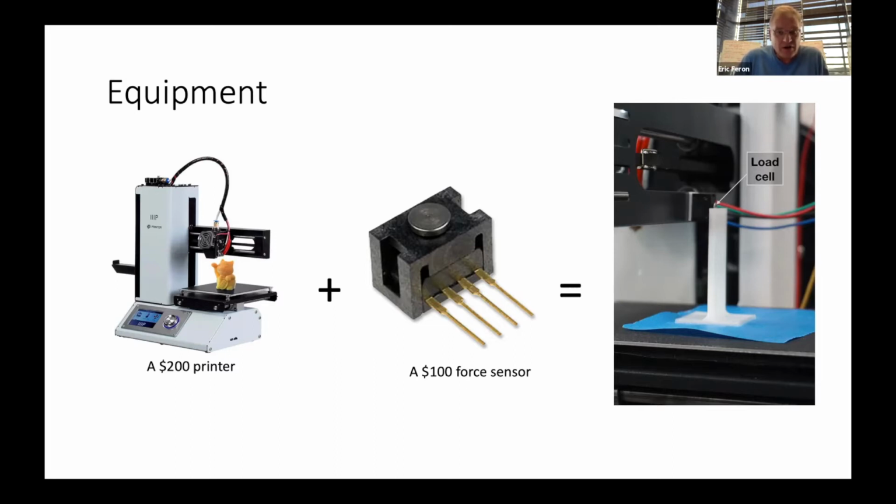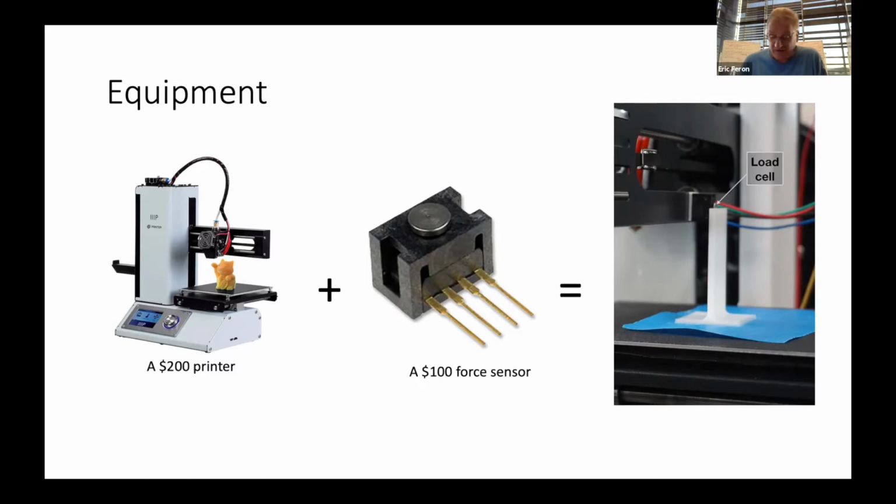Mounting the force sensor on the printer arm gives us the possibility of transforming the printer from a pure actuation device to an actuation and measurement device, a primitive form of robot, if you will.